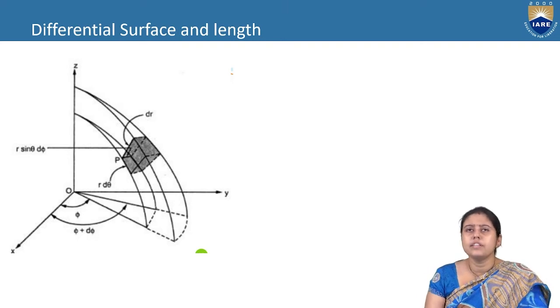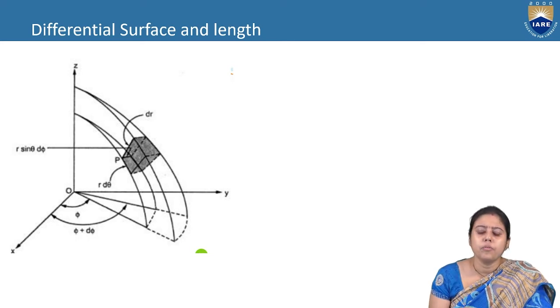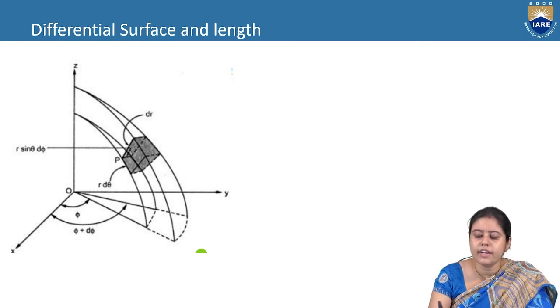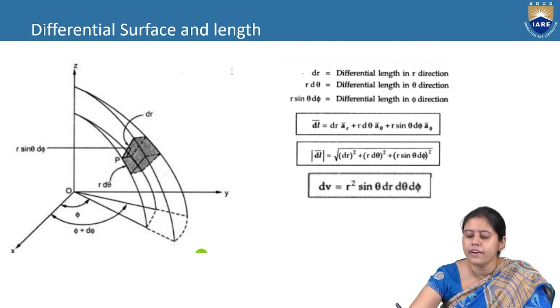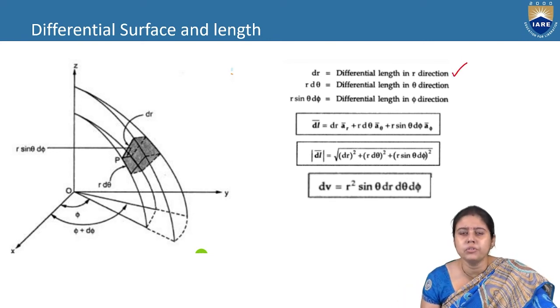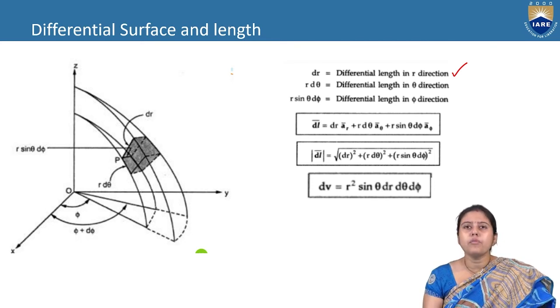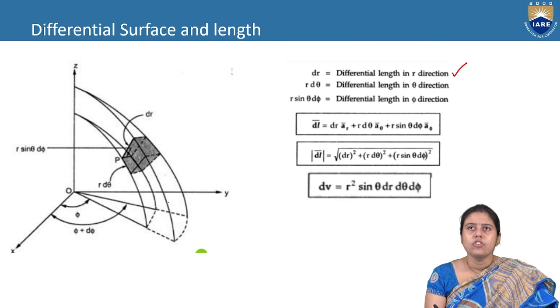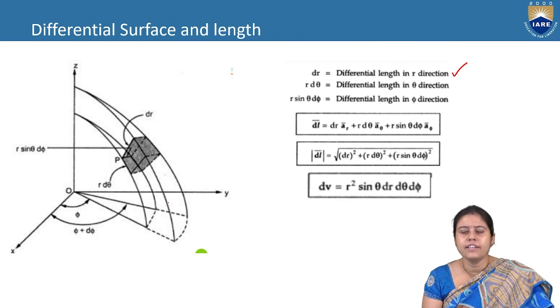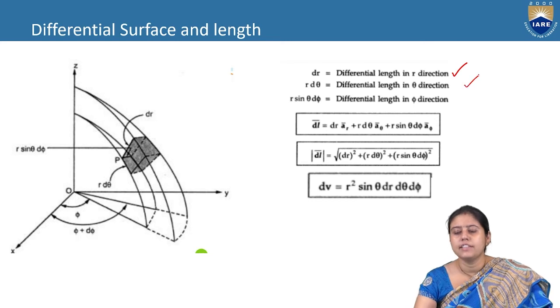Now again we will discuss the differential surface and length. When we think about the differential length, what is the length along r? It is dr, if we increase the length by a small amount. Now if we want to change the height, as we have already discussed, it will be r d theta.